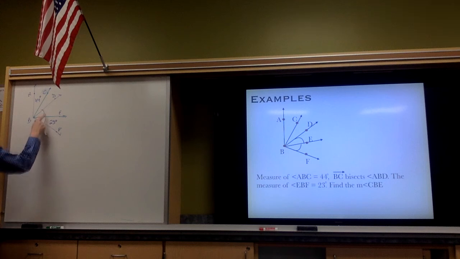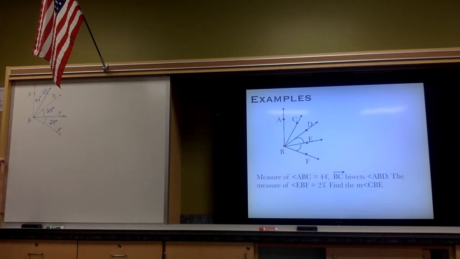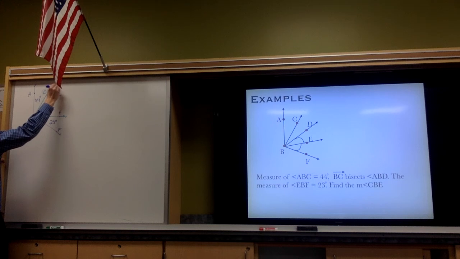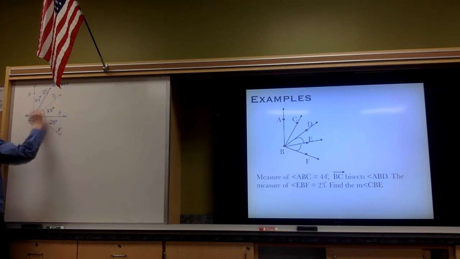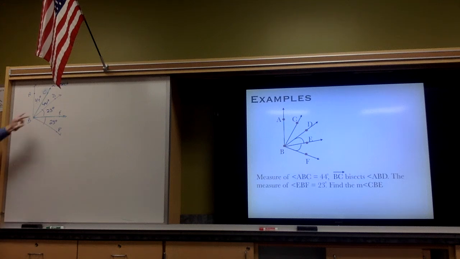So here's my congruent arcs. So if that's 23, this is 23. The person told me that ahead of time. They drew something to let me know. BC, this ray is bisecting this angle. So if that's 44, this is 44 degrees. Now I'm just going to add those 2 up, and I'm done.